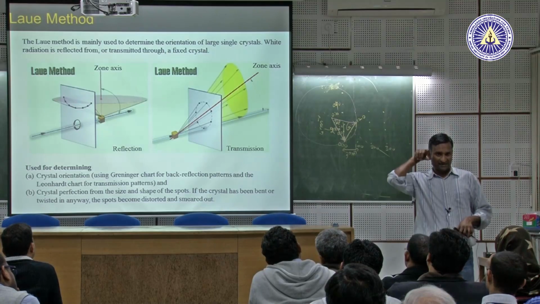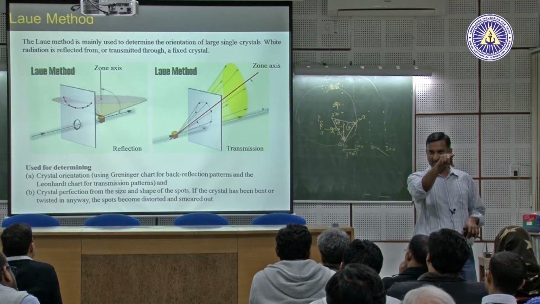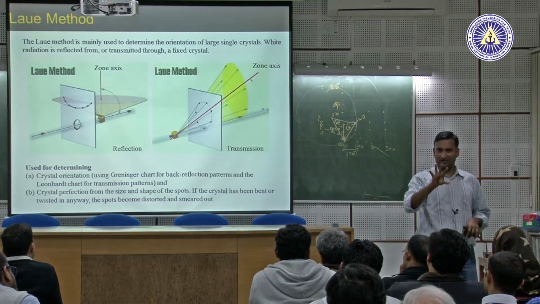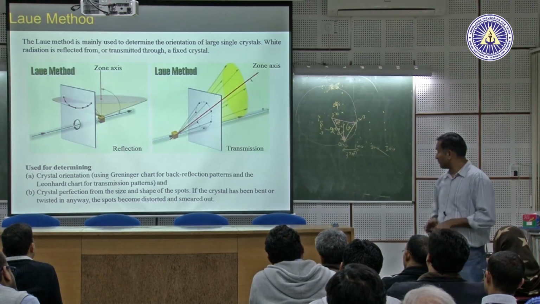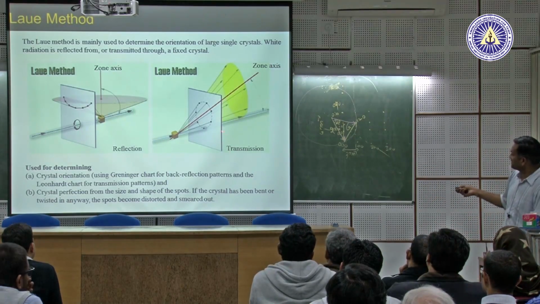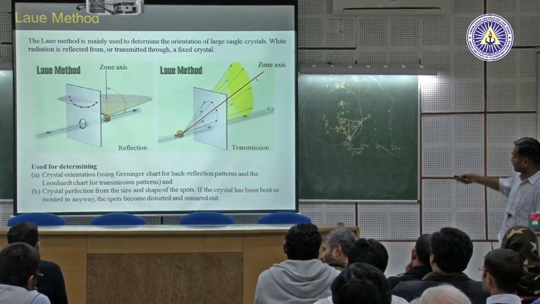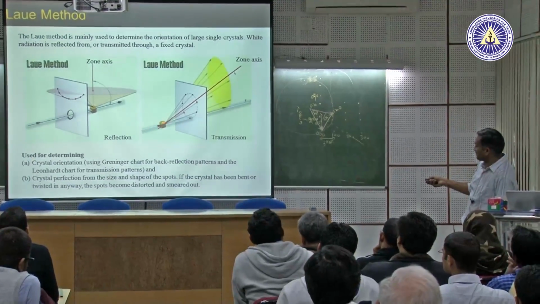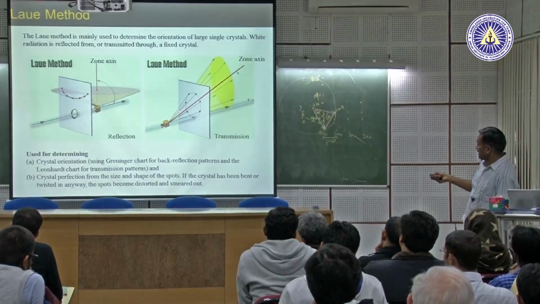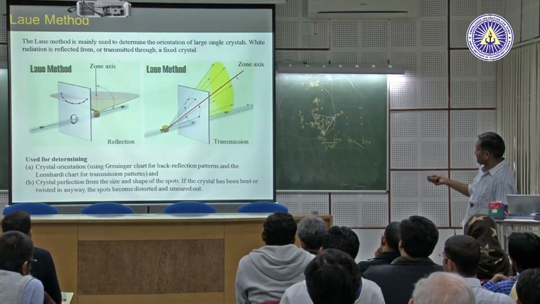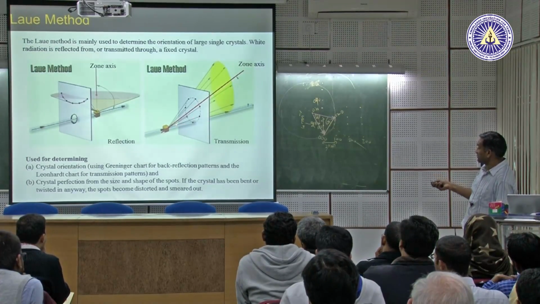In a similar sense, you have an X-ray beam hitting the crystal, and the beams are being diffracted in different directions. But they form these cones, suppose for the forward method, where the angle between the diffracted beam and the transmitted beam is less than 90 degrees.